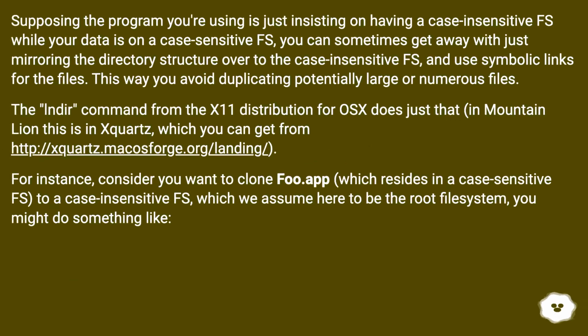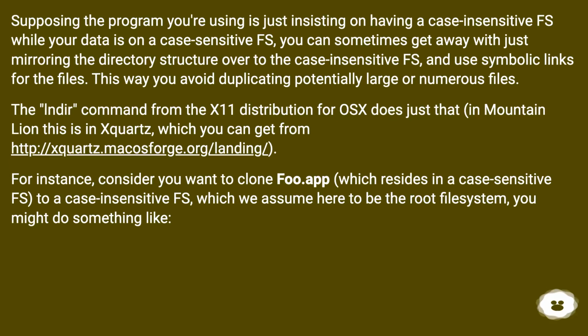Supposing the program you're using is just insisting on having a case-insensitive FS while your data is on a case-sensitive FS, you can sometimes get away with just mirroring the directory structure over to the case-insensitive FS, and use symbolic links for the files. This way you avoid duplicating potentially large or numerous files. The lndir command from the X11 distribution does just that. In Mountain Lion this is in XQuartz, which you can get from this URL.